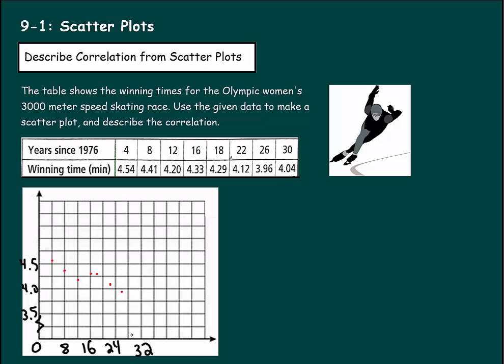And then 30 years is 4.04. So now I have plotted out all these different dots on the scatter plot.